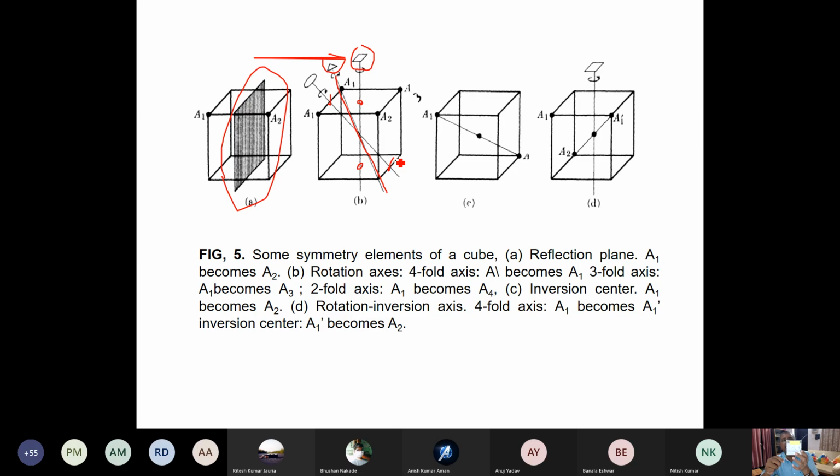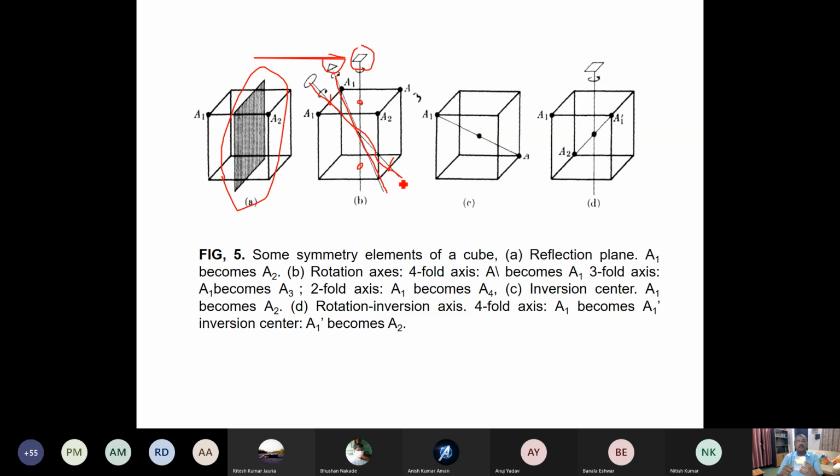So basically 360 by 180 makes 2. It is a two-fold rotational axis. Look at it. One fold, you got the cube back. Second fold, you got the cube back with the sticker on. This is a two-fold rotational axis.